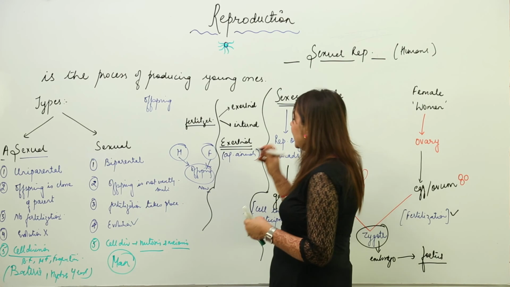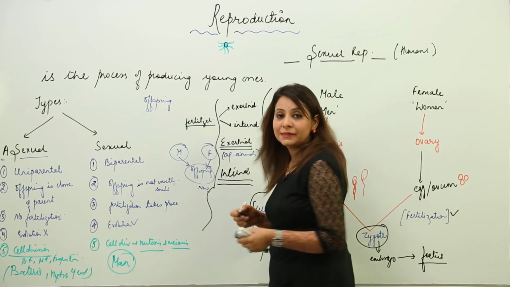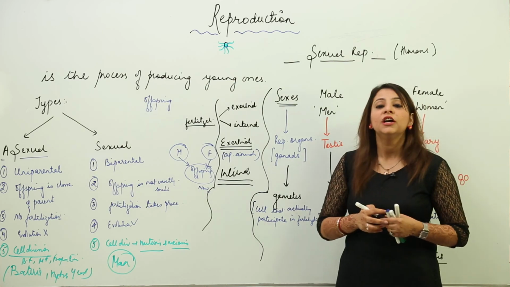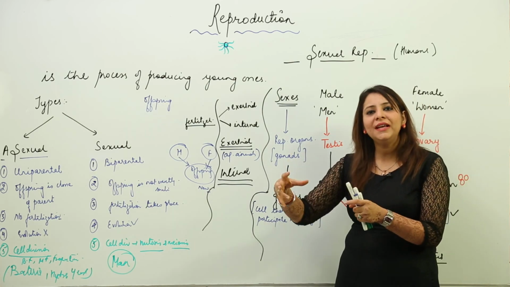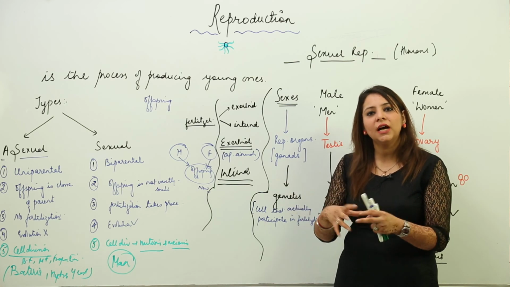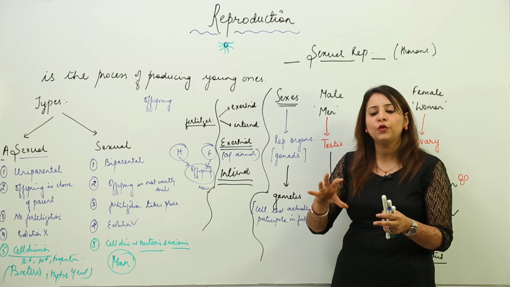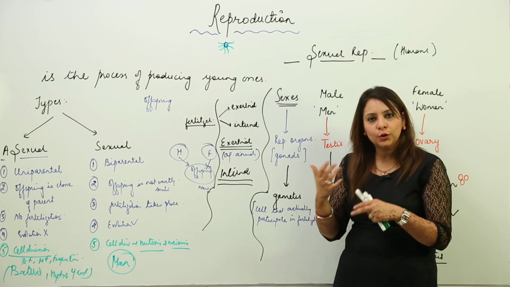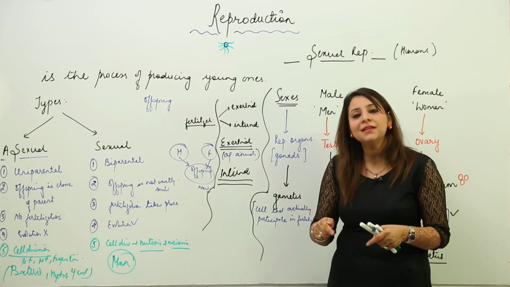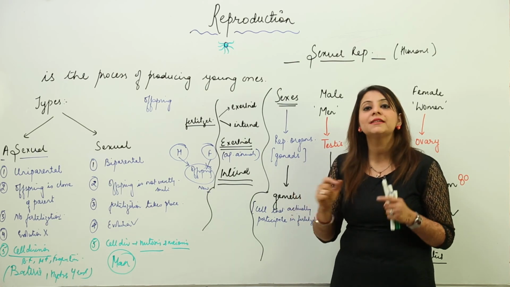But as far as internal fertilization is concerned, as you all know, in humans, in us, internal fertilization occurs. So what happens? The male releases sperm into the female's body, and fertilization occurs in the female's body. The zygote undergoes various developmental stages, still in the parent's body, and when the organism is fully formed, it is delivered out.